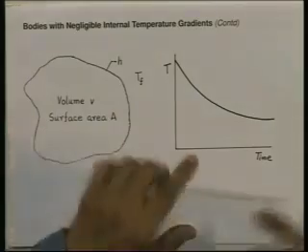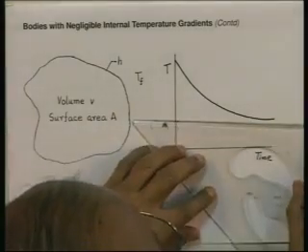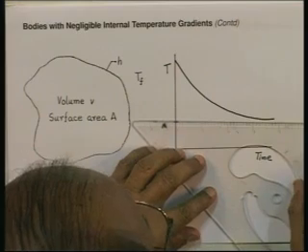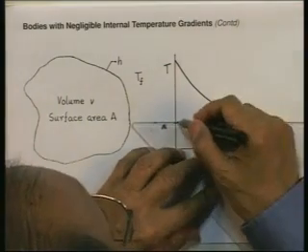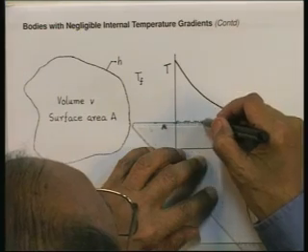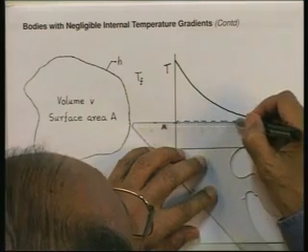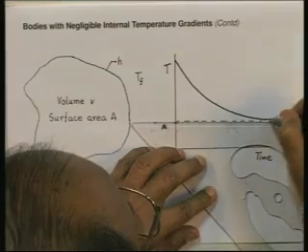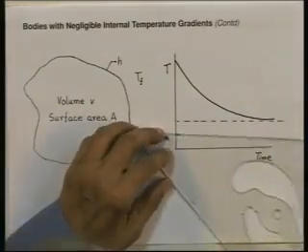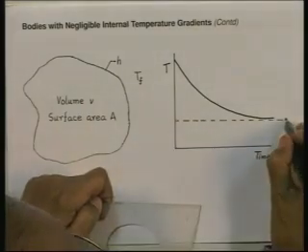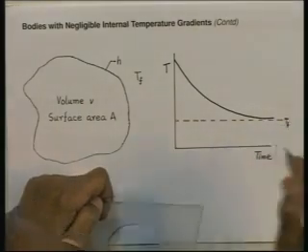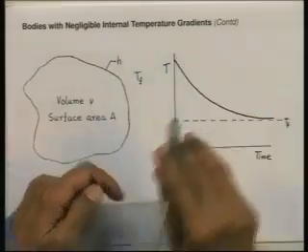It is going to go on decreasing, and it will asymptotically approach the value of T f as it keeps on cooling down. This is T f. This is the initial temperature T 0.